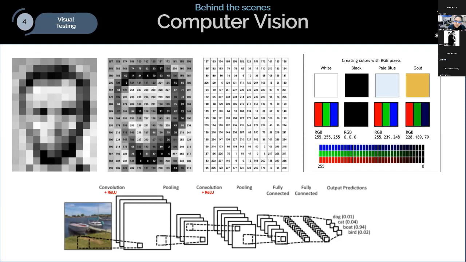And eventually, after it does a lot of convolution, which is splitting, and pooling, which is identifying, it forms a fully connected network to identify what this image is all about, right? So as the output of splitting an image and running your filters, which is pooling, it identifies, okay, hey, this image looks to be 94% of a boat, right? So that's how behind the scenes these algorithms work when it comes to visual testing.